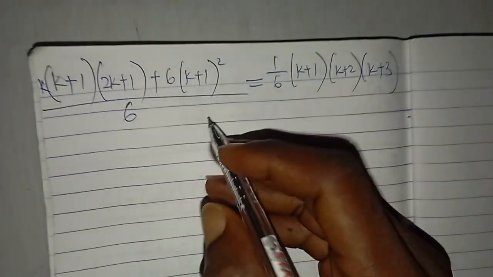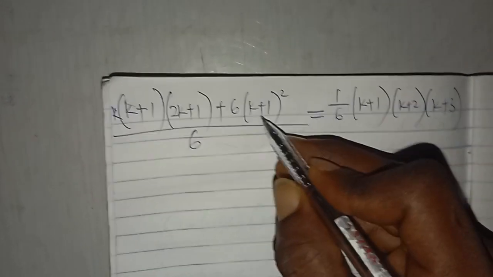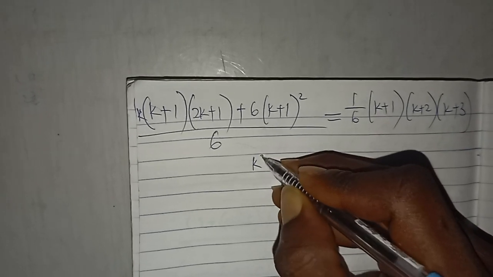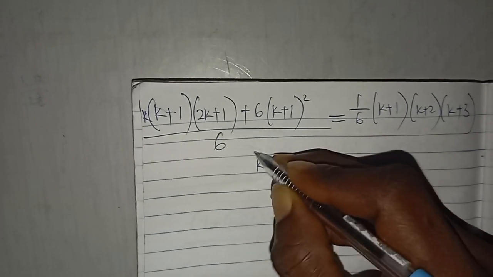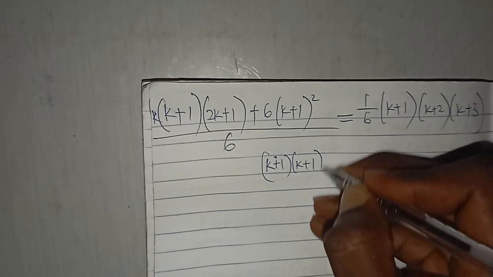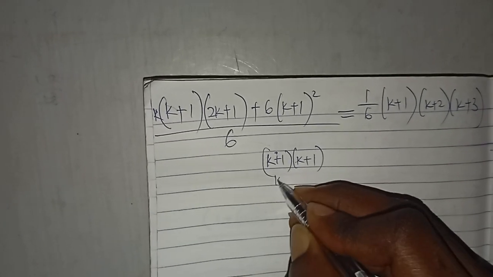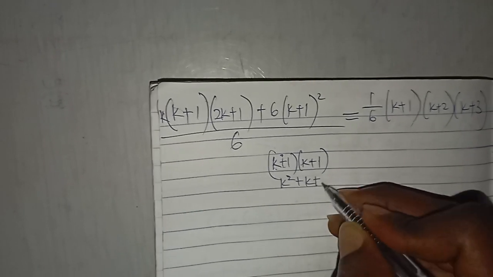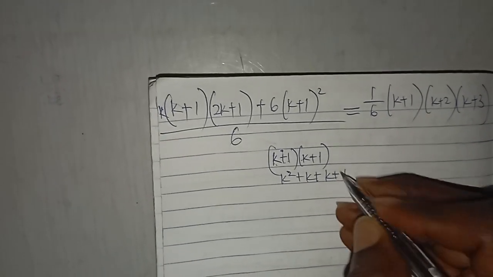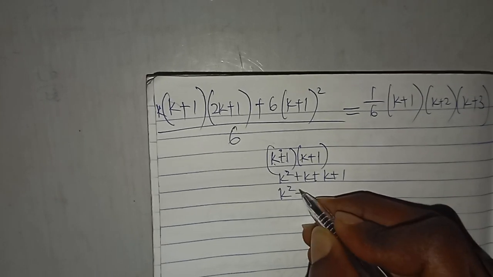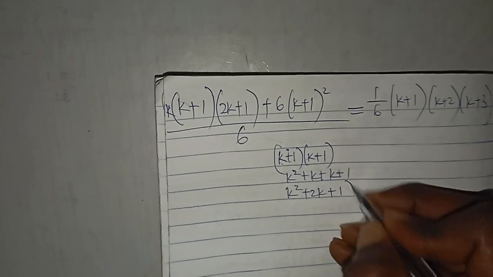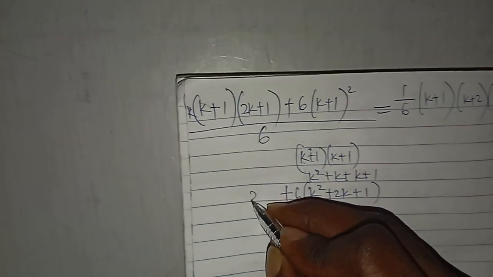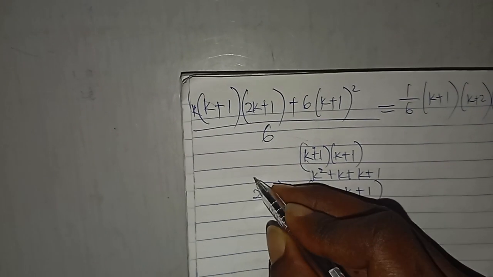Going about this the way you know, this will simply be k plus 1 square, the same thing as saying k plus 1 into k plus 1, which is the same thing as saying k times k, k square, plus k plus k plus 1, which is the same thing as saying k square plus 2k plus 1. And notice that everything is being timesed by 6 plus 2k plus 1.